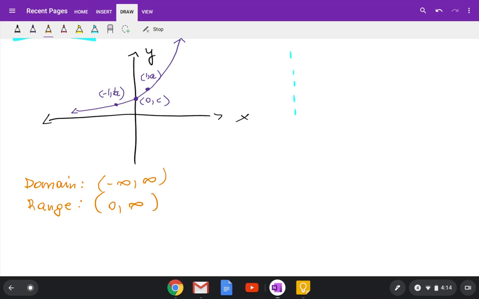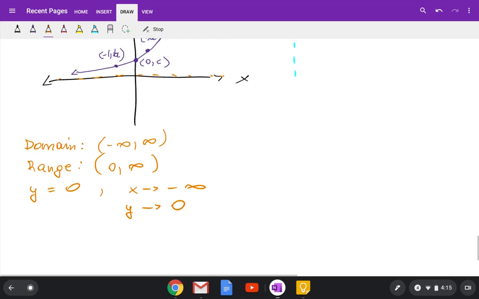What you have to be careful about in this graph is that your function will never touch y equals 0. When x is approaching negative infinity, getting closer to negative infinity, the y values approach 0 but will never touch. So that y equals 0 we call a horizontal asymptote.